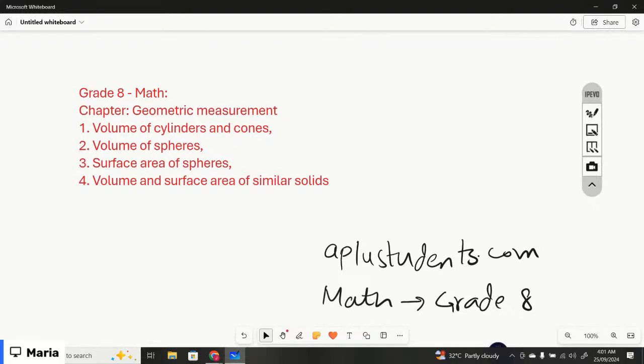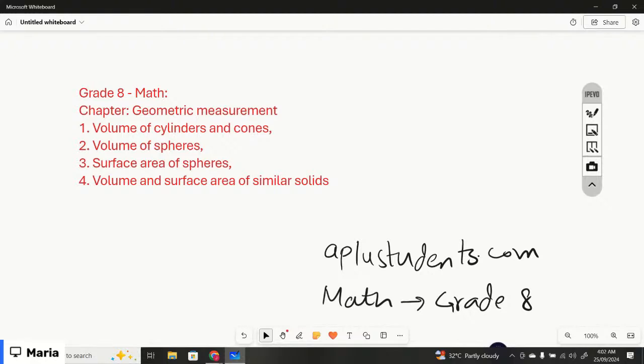Scroll down to grade 8 math. There you can find a list of the chapters. We're going to start with the chapter Geometric Measurement.